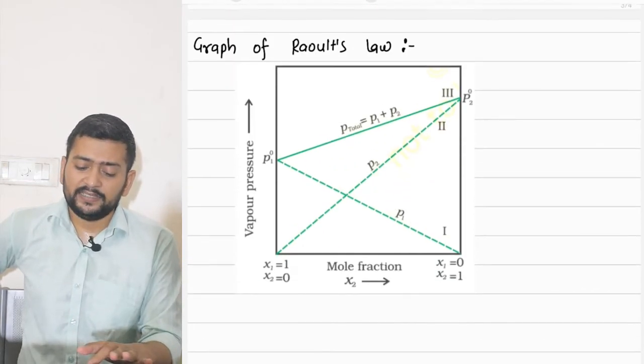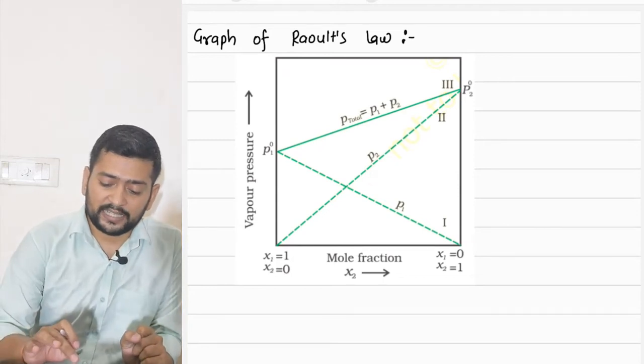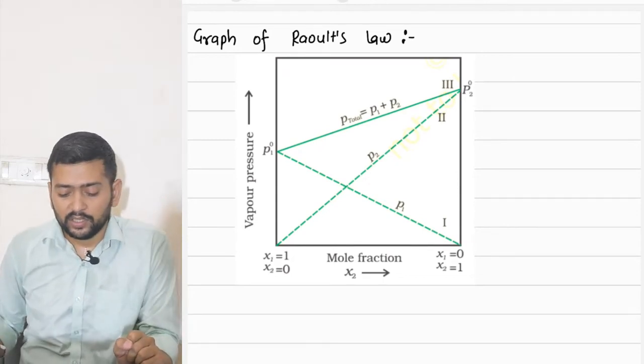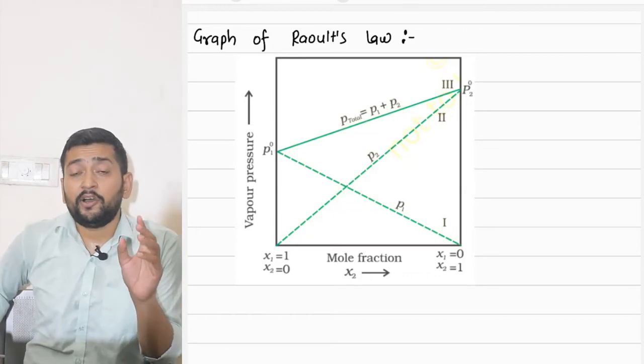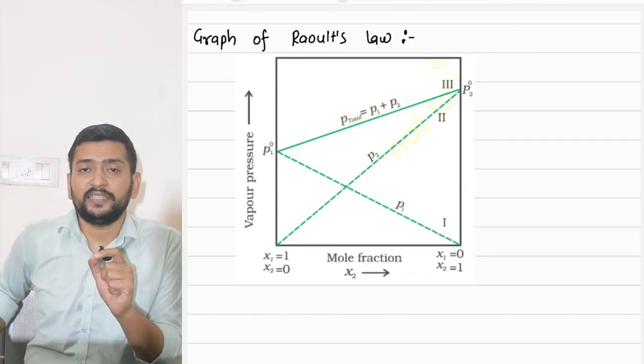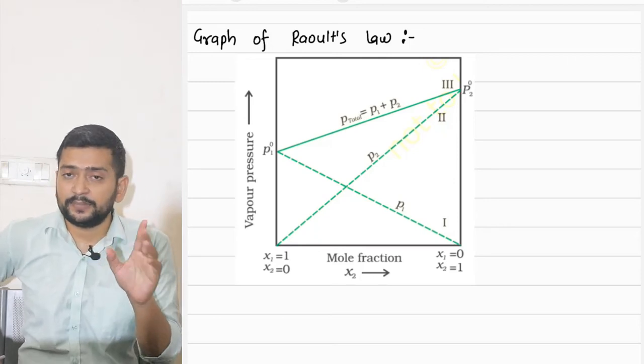Now the next part is the graph of Raoult's law. So let's try to understand. What is happening over here? First of all, let's say we have the first component, and when only the first component was present, at that particular point we were denoting vapor pressure as P naught.